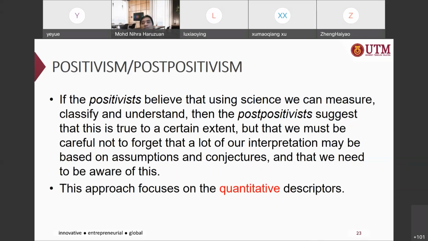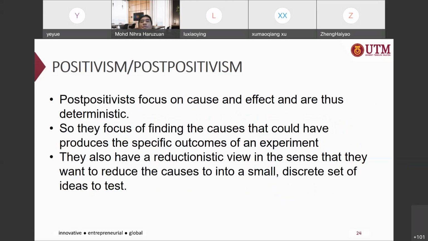So this is all focused on the quantitative approach. This involves quantitative descriptors. Post-positivists focus on cause and effect, and thus are very deterministic. They focus on finding what causes could have produced the specific outcomes of the experiment.